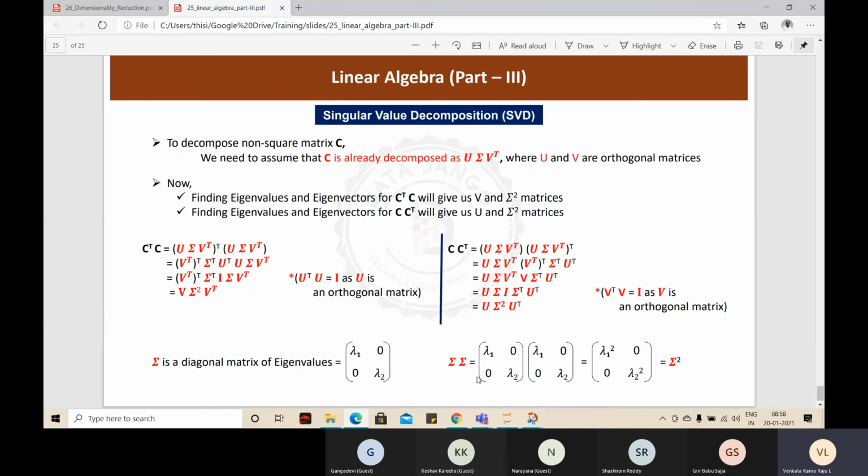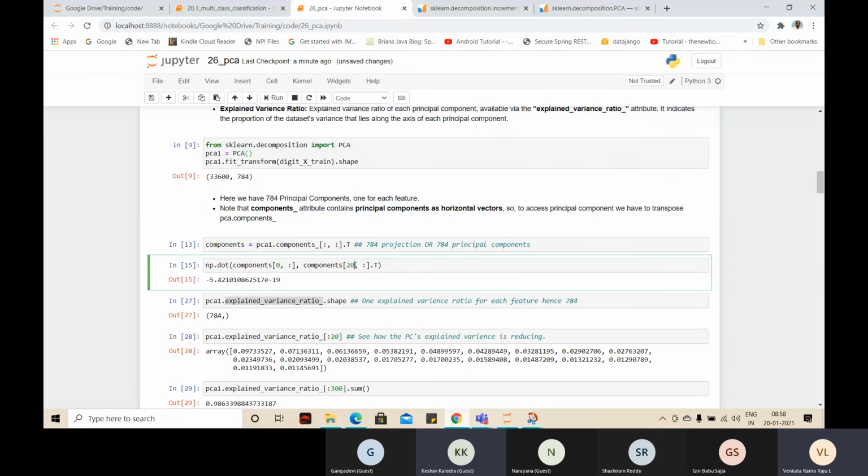You're all getting it, right? What Shishiram asked. All are 10 to the power of minus 19. We are trying to verify whether the vectors in V are orthogonal or not.